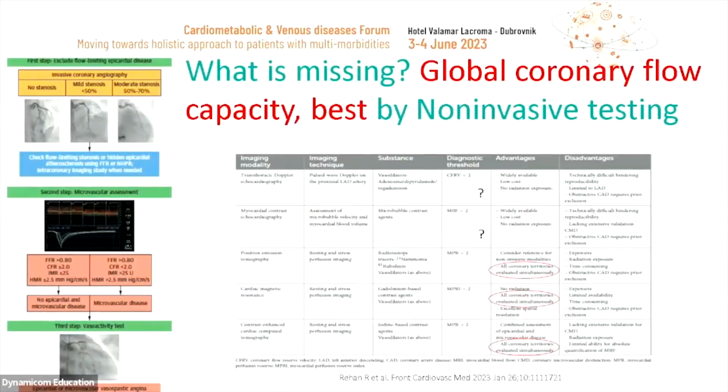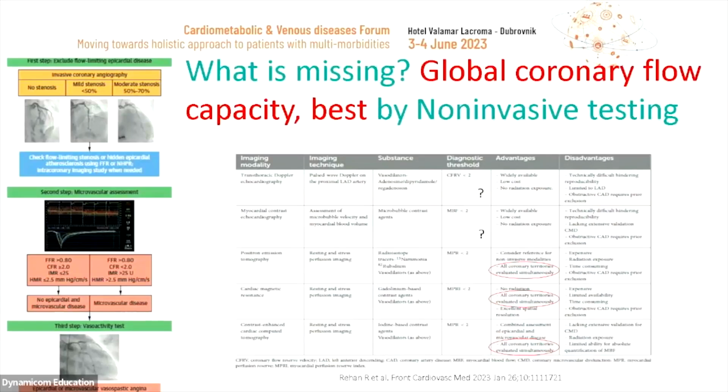Now, if you really want to be critical, you could still say, I'm not happy because I've looked at one coronary, I've refrained from putting acetylcholine in the right because I may go into severe bradycardia. So what may be missing? Maybe the LAD is fine, but I have microvascular dysfunction elsewhere.